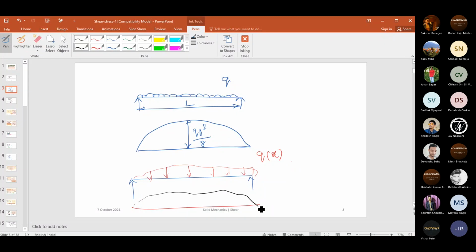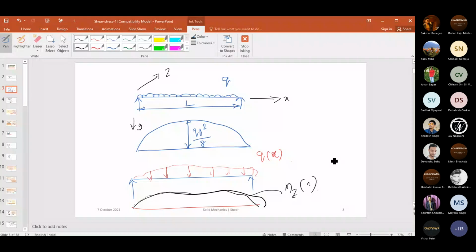Your bending moment also varies from section to section. Anyway, I don't know what is the bending moment here, what is the bending moment here, and such things. So the bending moment, if this is x and this is y, the bending moment is Mz, and Mz is a function of x.